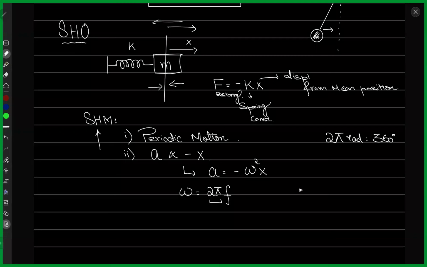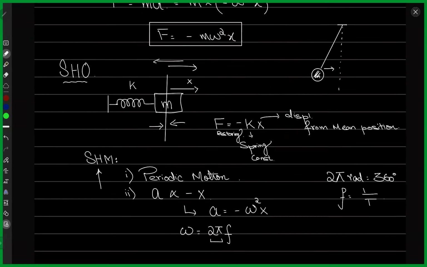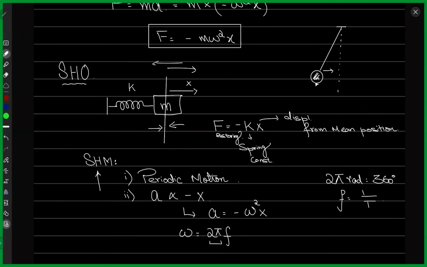If you're further familiar with the fact that the frequency is defined as 1 over the time period, where I'm sure that you know that time period is the time that it takes for one oscillation to take place. One oscillation is, for example, for this bob, if I move it here, then it's going to come to its mean position, then it's going to rise some height over here, and then it's going to come back to its mean position, and then rise some height over here.